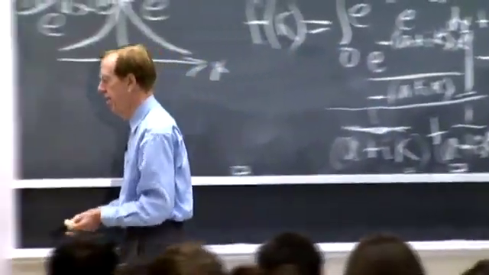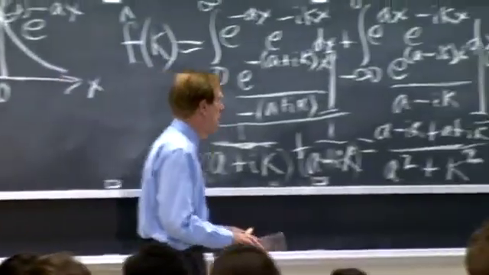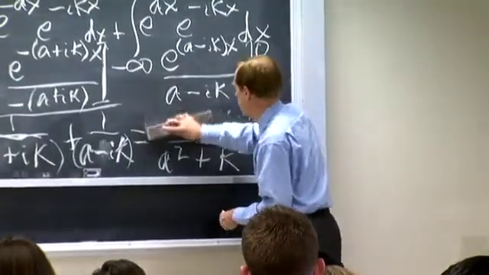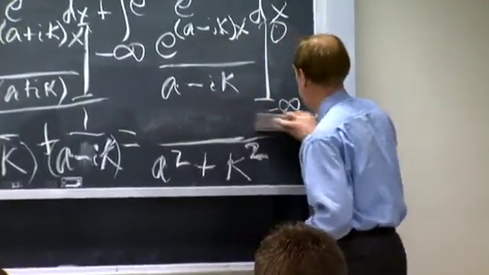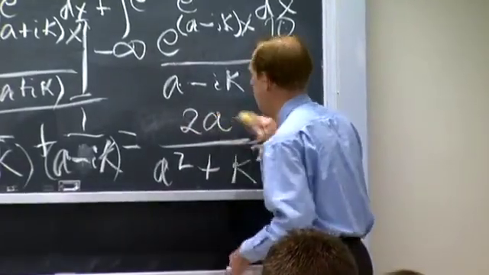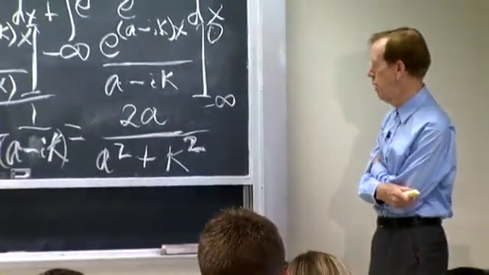Oh, look, it's great. I'm getting a real answer, because the minus ik and the plus ik cancel, and it's just the 2a. Probably no surprise, somehow that's the jump in the slope. That must have something to do with that 2a.